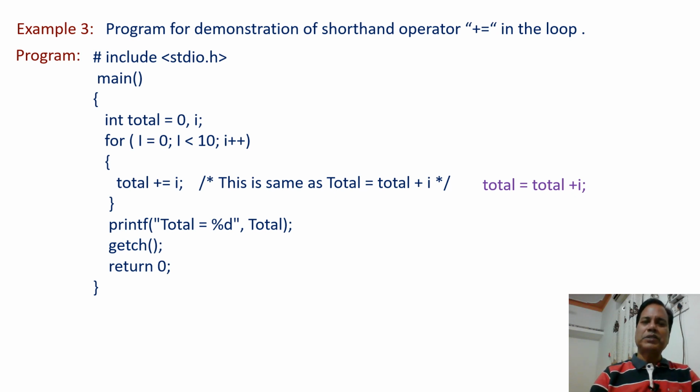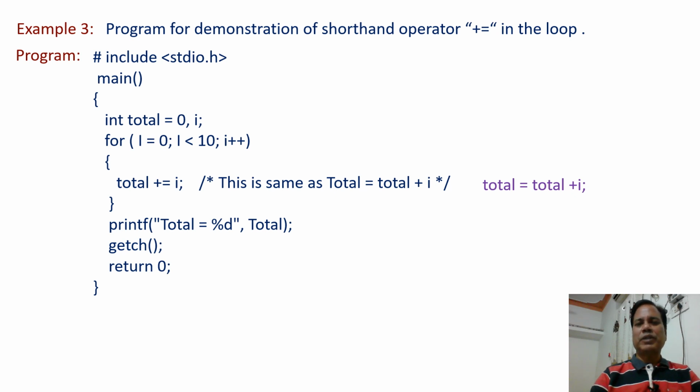Again the condition is checked. So 1 is less than 10. It is true, so again the body of the for loop is executed. So total equal to total plus i. The value of total is 0 and the value of i is equal to 1. So 0 plus 1 becomes 1, that is assigned to total. After this, again the value of i is incremented.